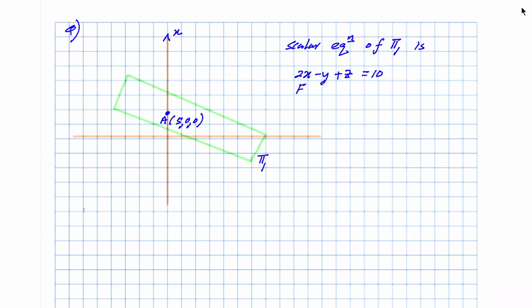The question is, find the scalar equation of pi 2 after theta is equal to pi divided by 4 rotation.